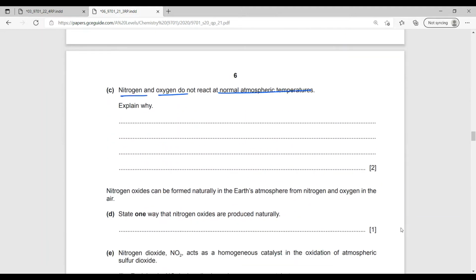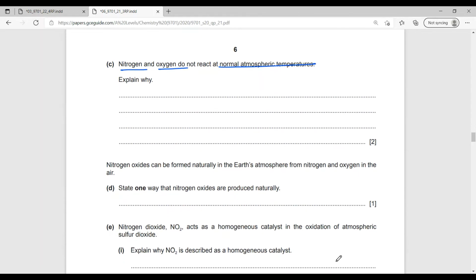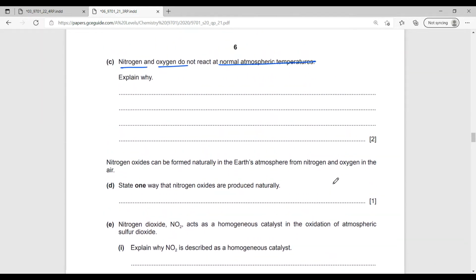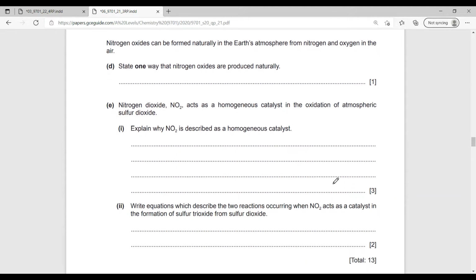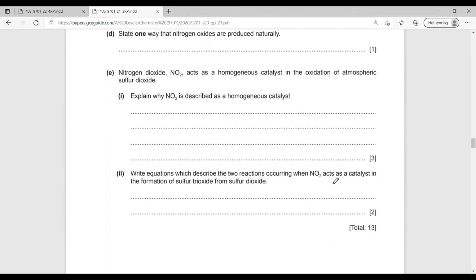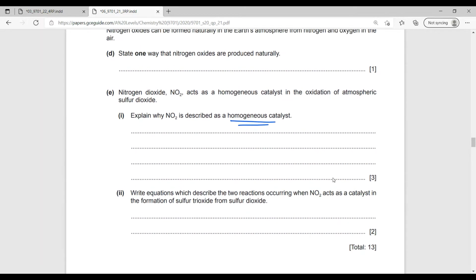Nitrogen and oxygen do not react at normal atmospheric temperatures. You have to mention the triple bond of nitrogen and its inert characteristic, and how the triple bond has a high bond energy value. State one way that nitrogen oxides are produced naturally. That's lightning. Explain why it is described as a homogeneous catalyst. That is from the reaction kinetics lesson, right?